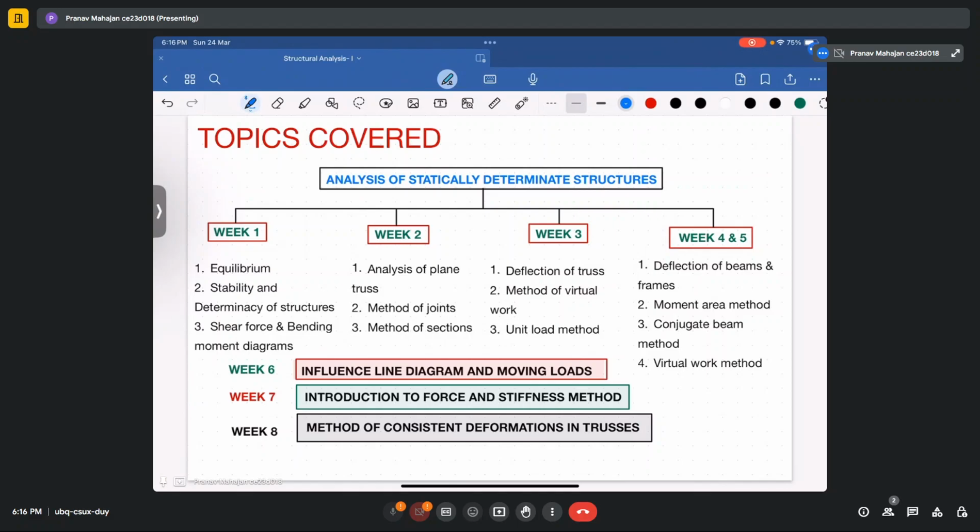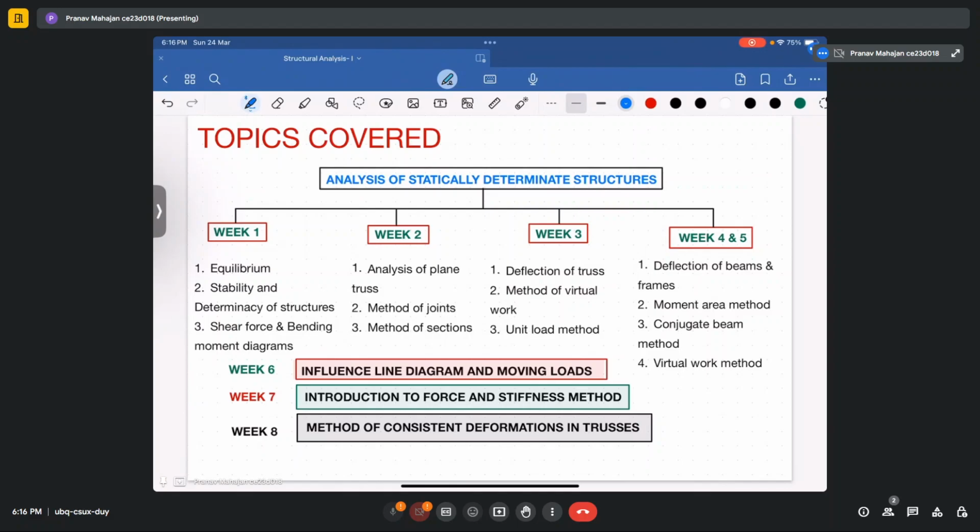Then we have moved to the second part of the structure analysis course, which is the analysis of statically indeterminate structures. So we have started with the introduction of force and displacement method, where in force method we have seen how we can utilize the concept of flexibility matrix, and in displacement method we have seen how we can use the stiffness matrix.